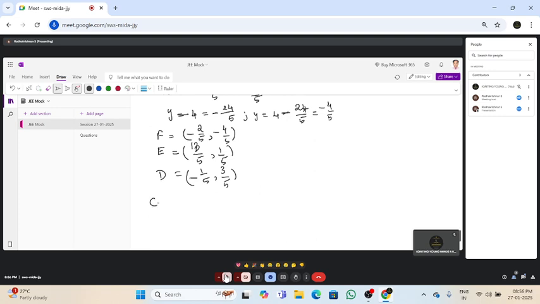So centroid is the average of all x's and all y coordinates. So add them up. 13 minus 2 minus 1, 10. Minus 4 plus 1 plus 3, this is 0. That is 10 by 5 is 2, right? 2 comma 0.